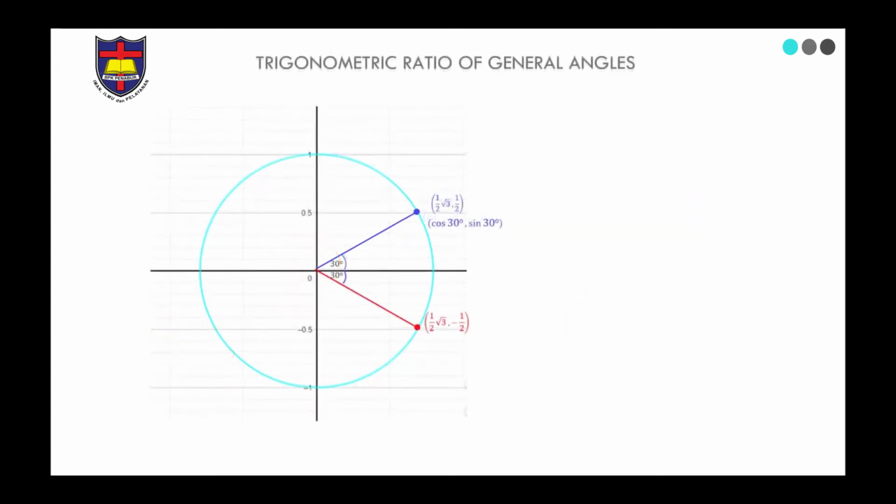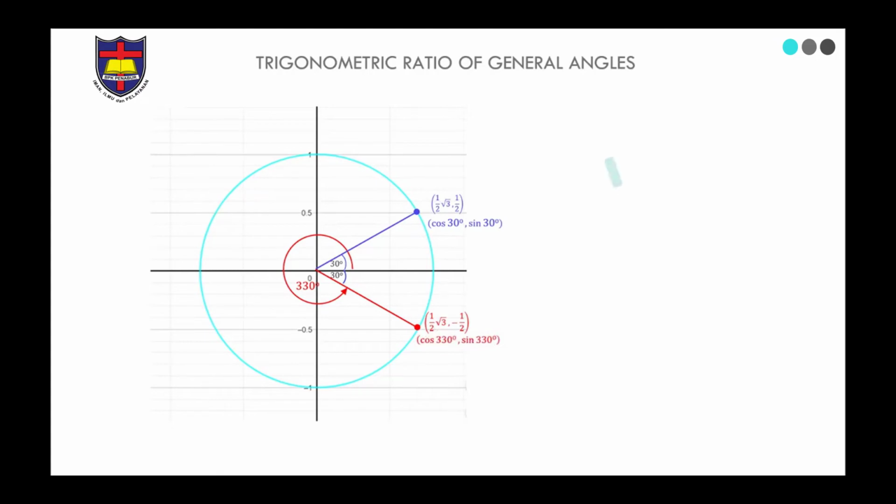Now we will check for the fourth quadrant here at the right side below the x-axis. The point is a half square root of 3 and minus a half. You can count here that the angle is 360 minus 30, correct?